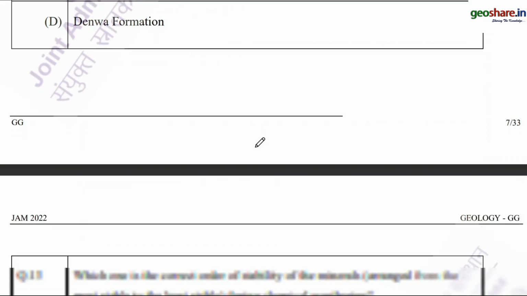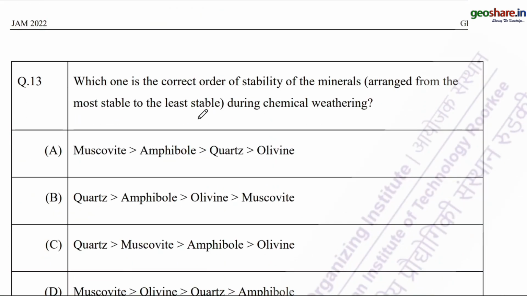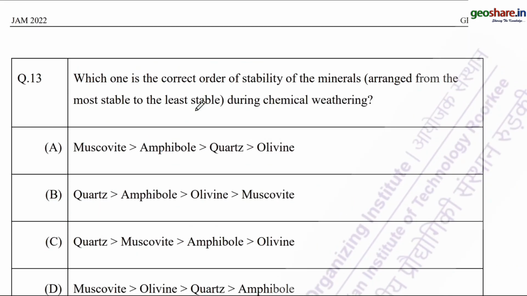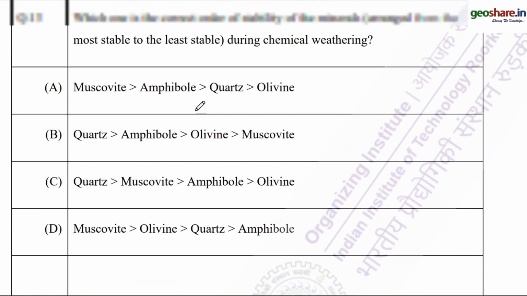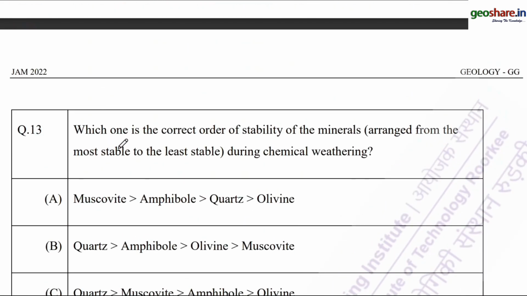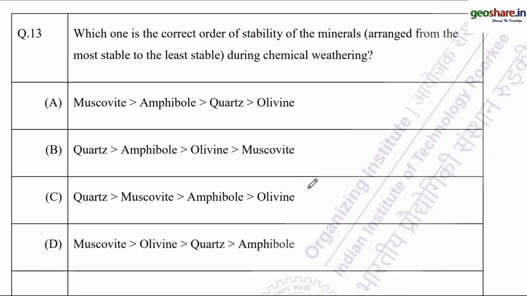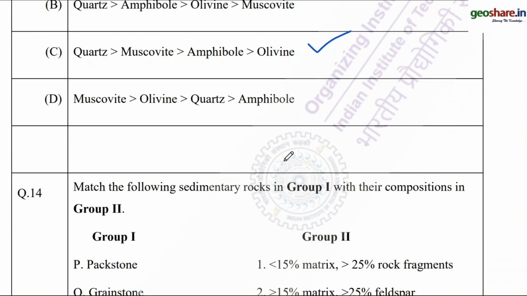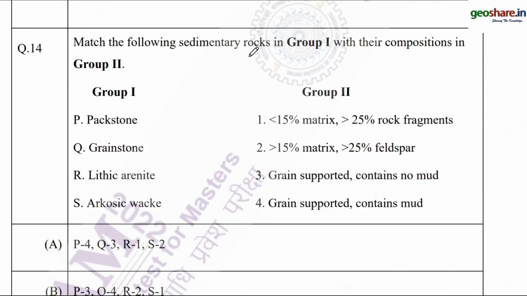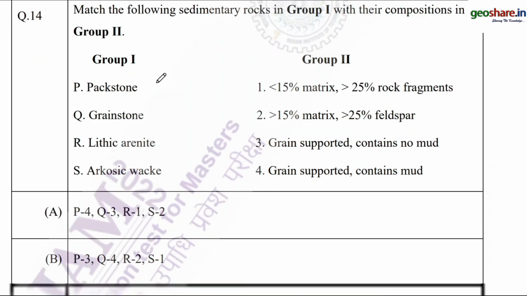Which one is the correct order of stability of minerals arranged from most stable to the least stable during chemical weathering? This way, according to Bowen and Goldich. Quartz, muscovite, amphibole, olivine.